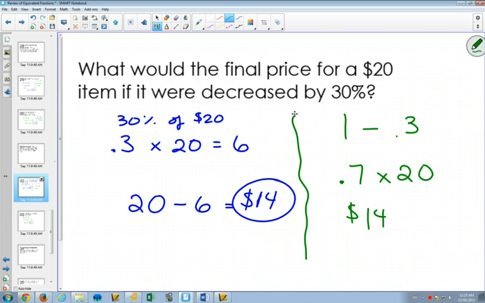But if someone said they would like to take 90% off, if you ever got a sale that said all items are 90% off, that's a good deal. And then that would mean that you're only paying for 10% of the original price. Then the shortcut way here, when you do 1 minus 0.9, would leave you just with 0.1, and then you could figure it out that way.